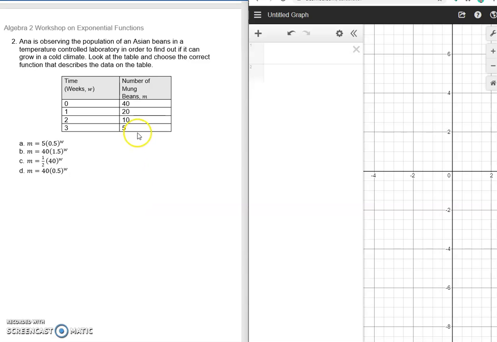First of all, from 40 beans, it became 20. From 20, it became 10, and then became 5. So the rate is 50%, but it is decreasing by 50%. So let's take a look at this. First of all, your starting number, which is your y-intercept, is 40.